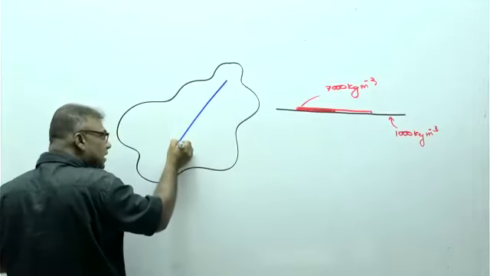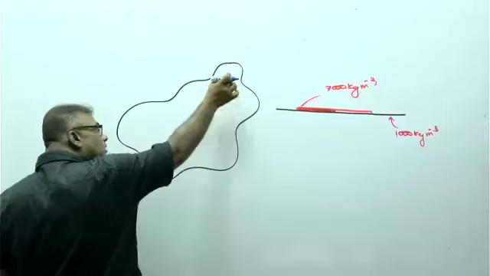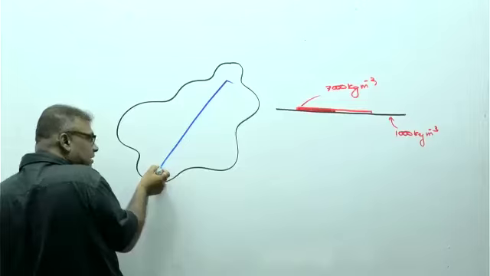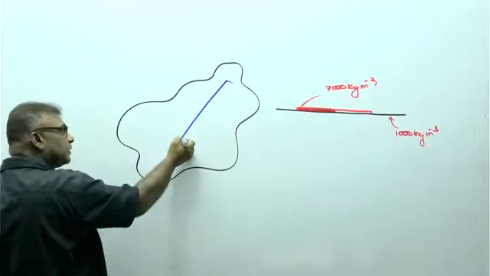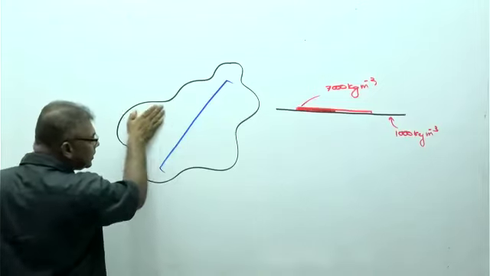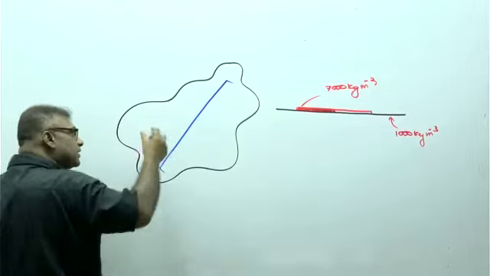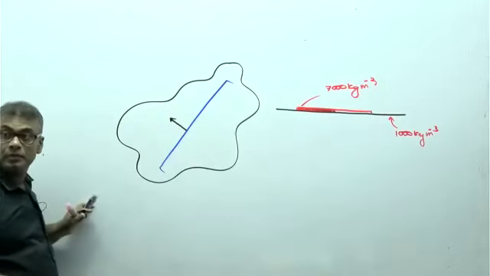This one is the line of the object, touching the surface. Here we have drawn the line of the object, right. The surface tension is created along the surface, and it is defined as force per unit length.